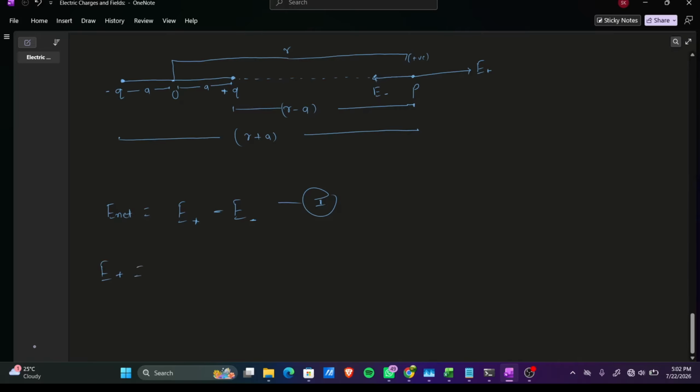This is the electric field due to the positive charge. Similarly, due to the negative charge, the electric field will be 1 upon 4 pi epsilon naught, q upon (r plus a) whole square. Now simply we are going to put all these values in this equation.